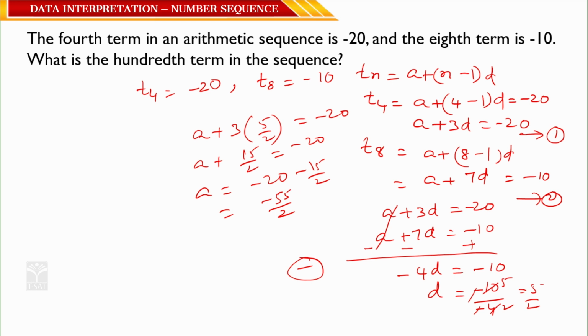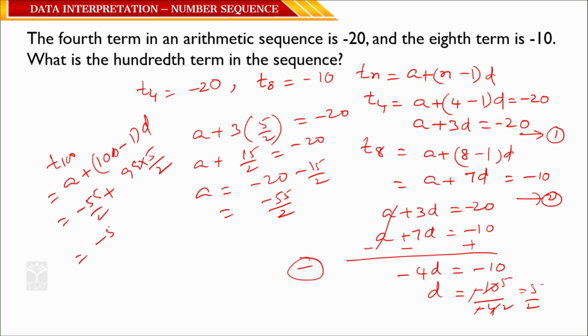Now we are going to find the value of the 100th term, which means T100 is required. What is T100? A plus 100 minus 1 of d. A is minus 55 by 2, plus 99, and d is 5 by 2.